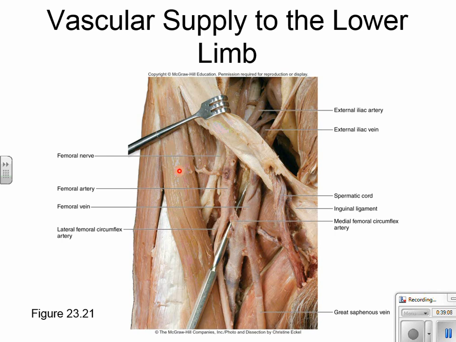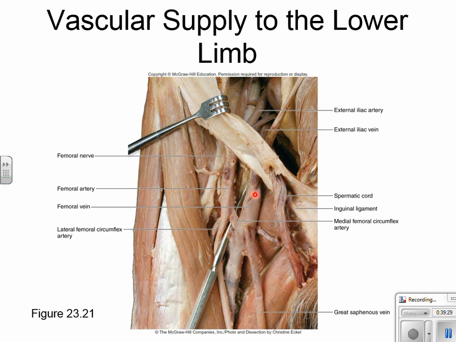So this is the femoral triangle, and we see the femoral vein, the femoral artery, and the femoral nerve. A lot of times in anatomy they call it NAVL: nerve, artery, vein, and lymphatics.